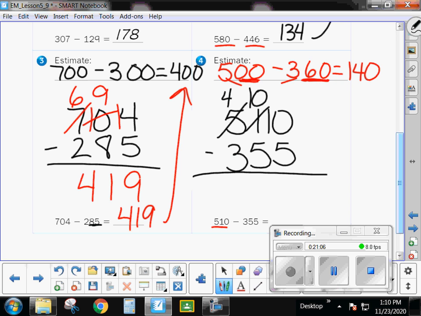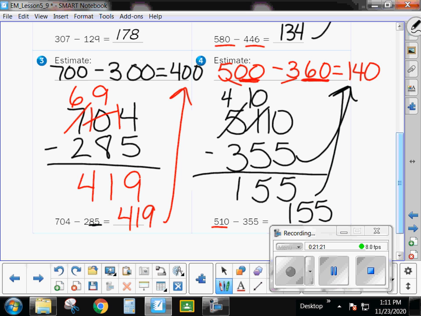Okay, now I'm ready to subtract. 10 minus 5 is 5, 10 minus 5 is 5, and 4 minus 3 is 1. So my answer is 155, and that is pretty close to my estimate of 140.